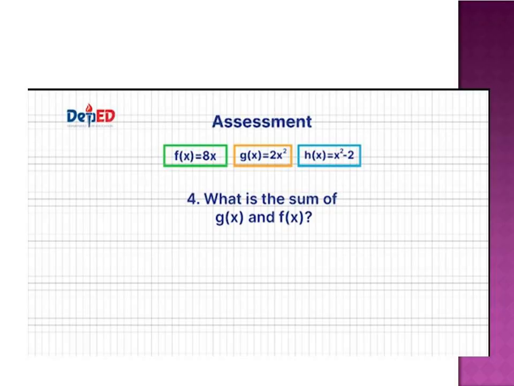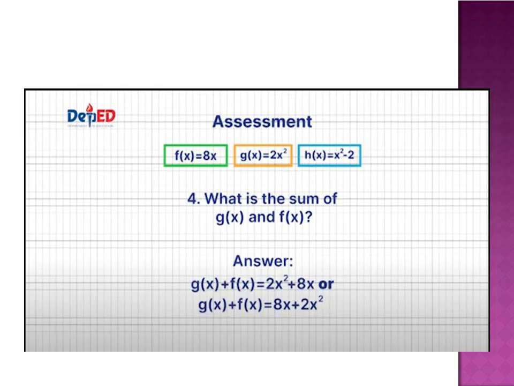What is the sum of g of x and f of x? The sum of the functions is 2x squared plus 8x, or 8x plus 2x squared.